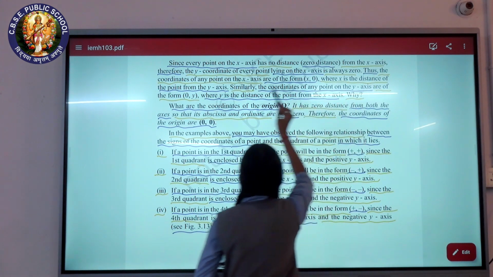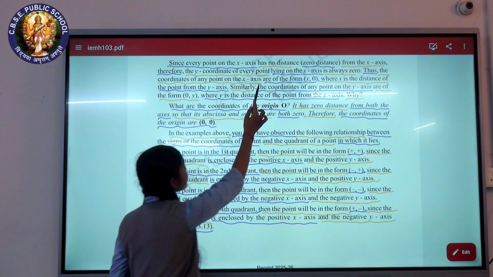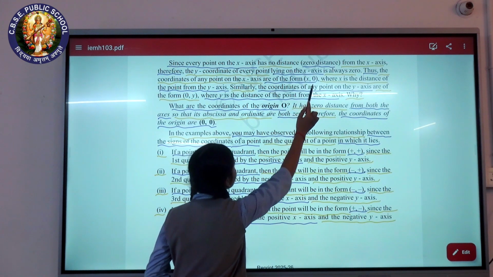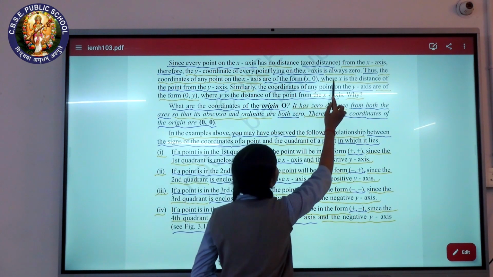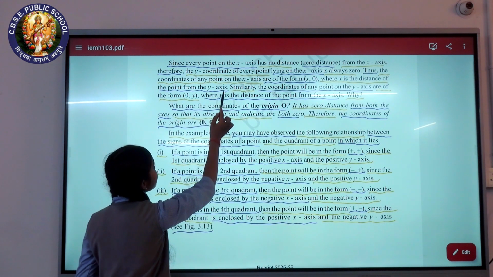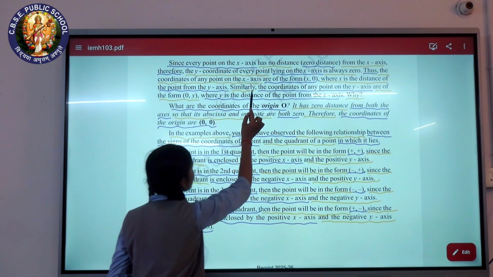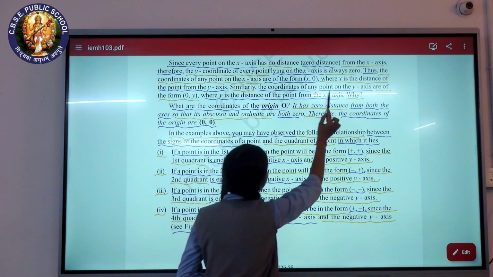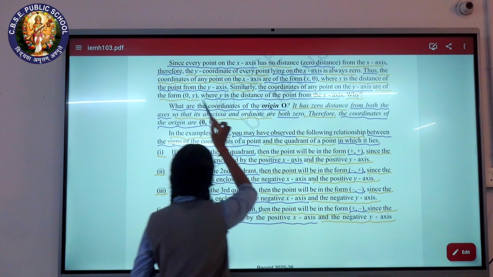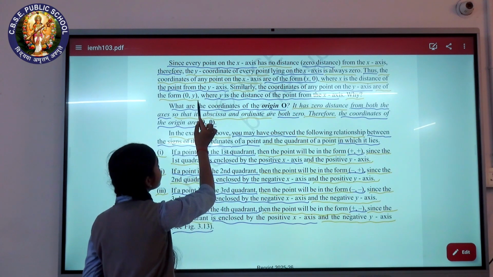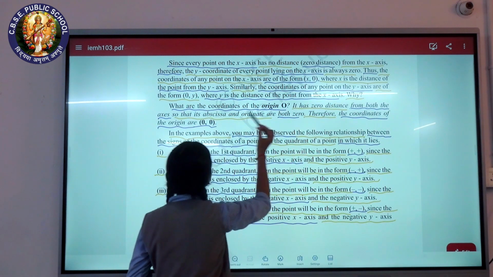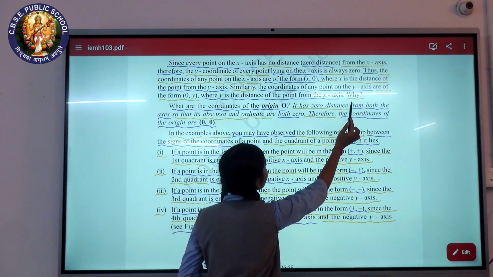Thus, the coordinates of any point on the x-axis are of the form (x, 0), where x is the distance of the point from the y-axis. Similarly, the coordinates of any point on the y-axis are of the form (0, y), where y is the distance of the point from the x-axis.